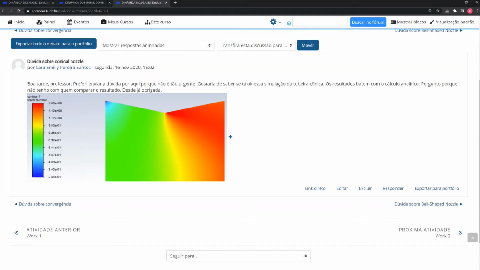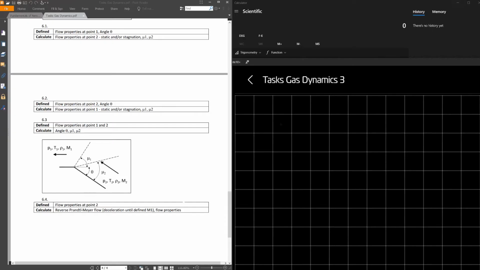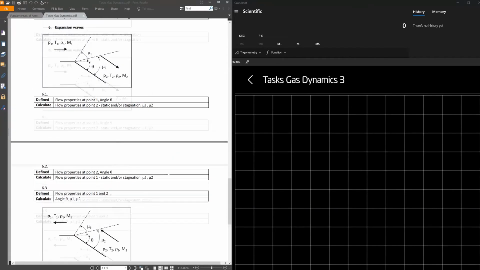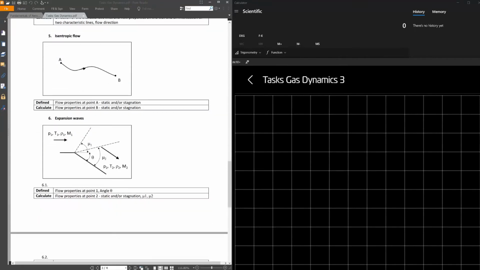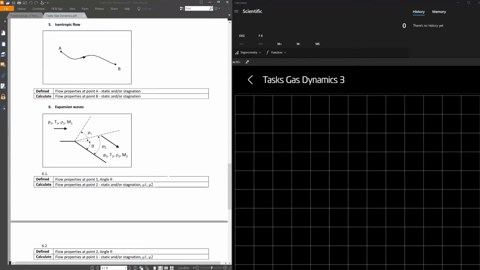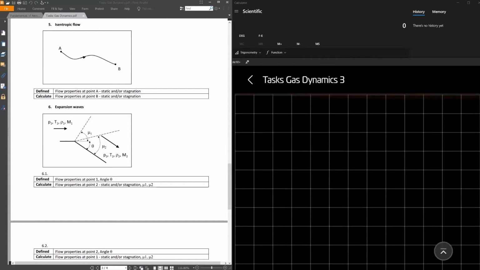I would like to go to our tasks of gas dynamics. Today we will discuss 2 questions. I would like to finish giving these explanations today. It's about item 5, isentropic flow relations, when the flow goes according to the isentropic functions, right?